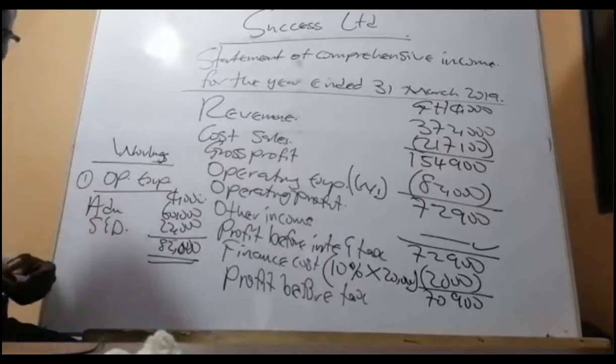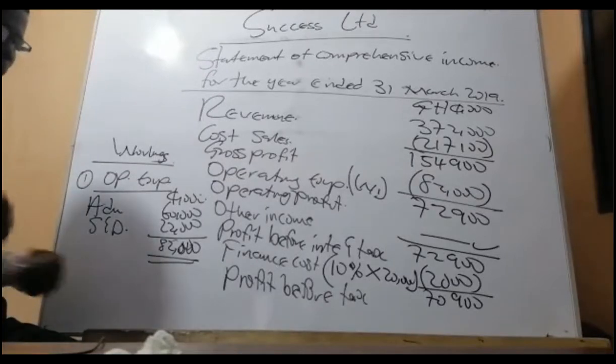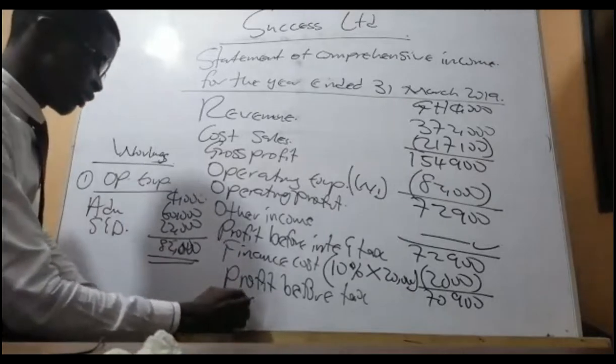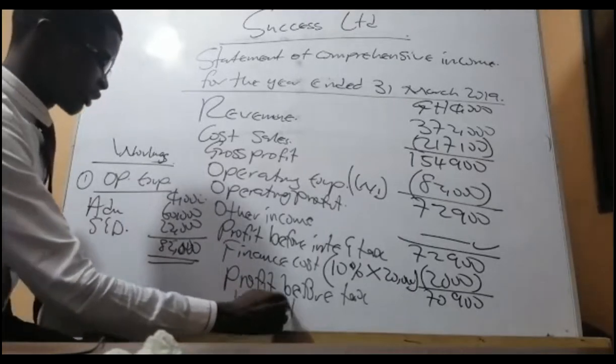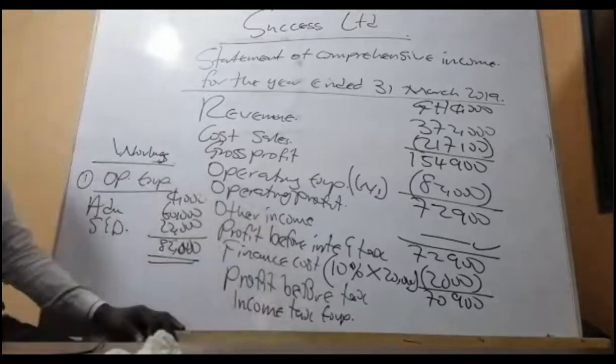Then what will be the next item? Income tax, right? That's the company tax, the income tax expense.